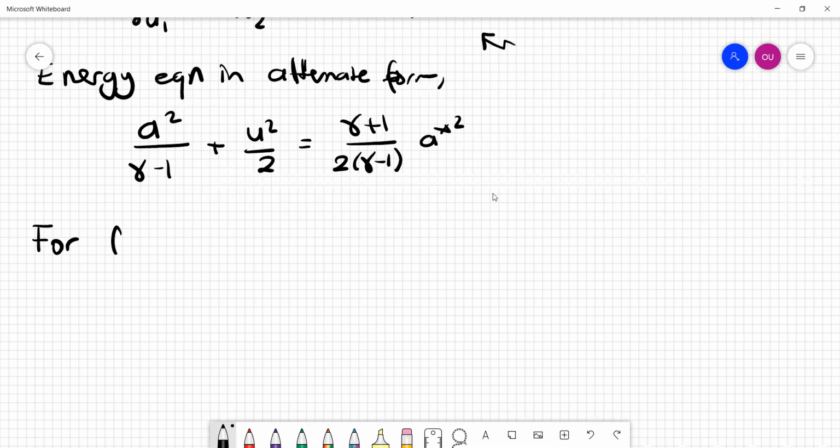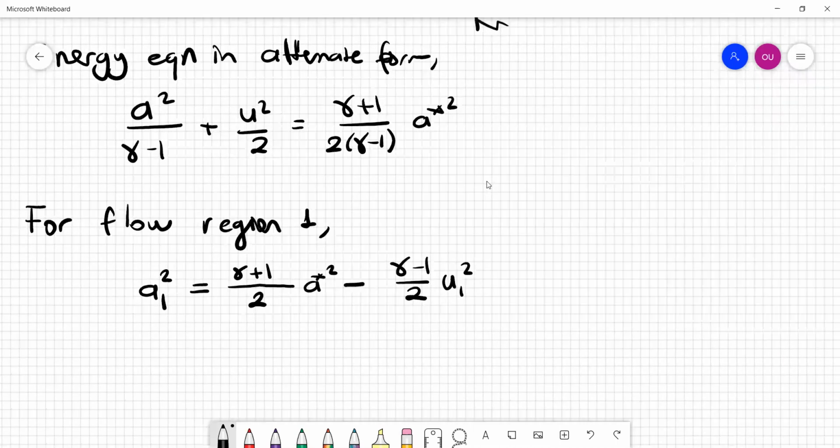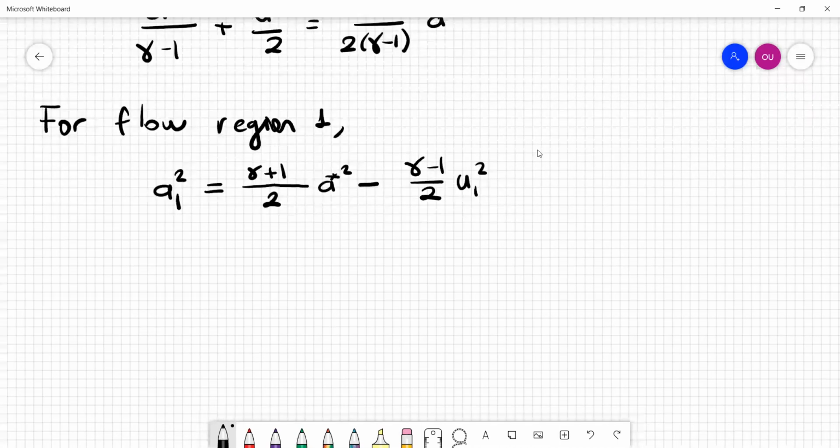So for flow region 1, I can write from the energy equation in alternate form that A1 square, before the normal shock wave, can be written as gamma plus 1 over 2 A star square minus gamma minus 1 over 2 U1 square.